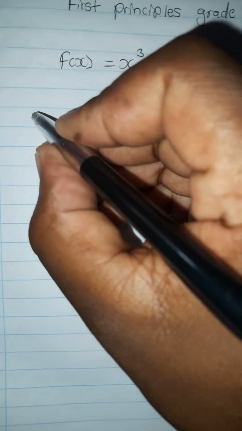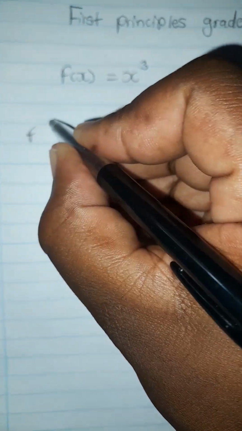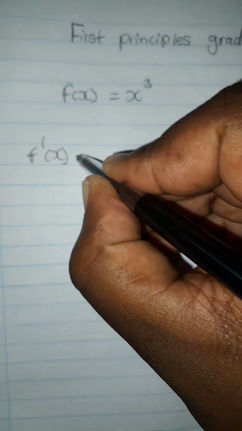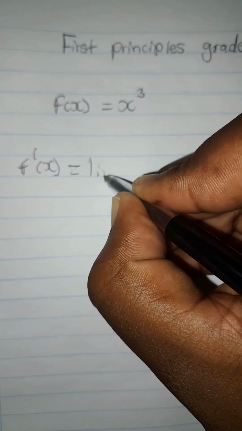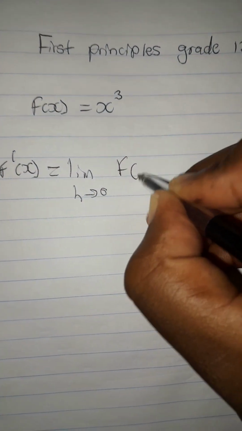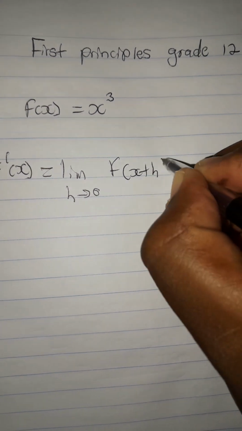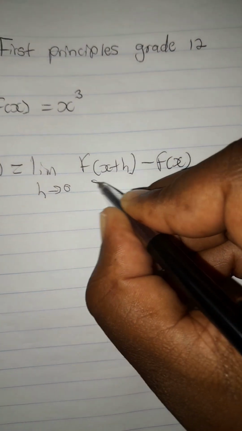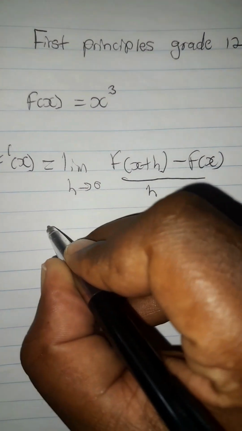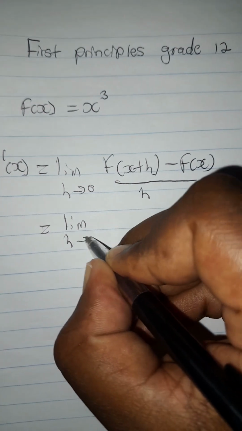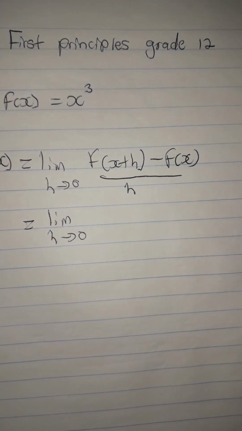First things first, we write the notation or this formula: f prime of x, the derivative, equals the limit as h approaches 0 of f of x plus h minus the given function, f of x, divided by h. Remember that we go with limit as h approaches 0.